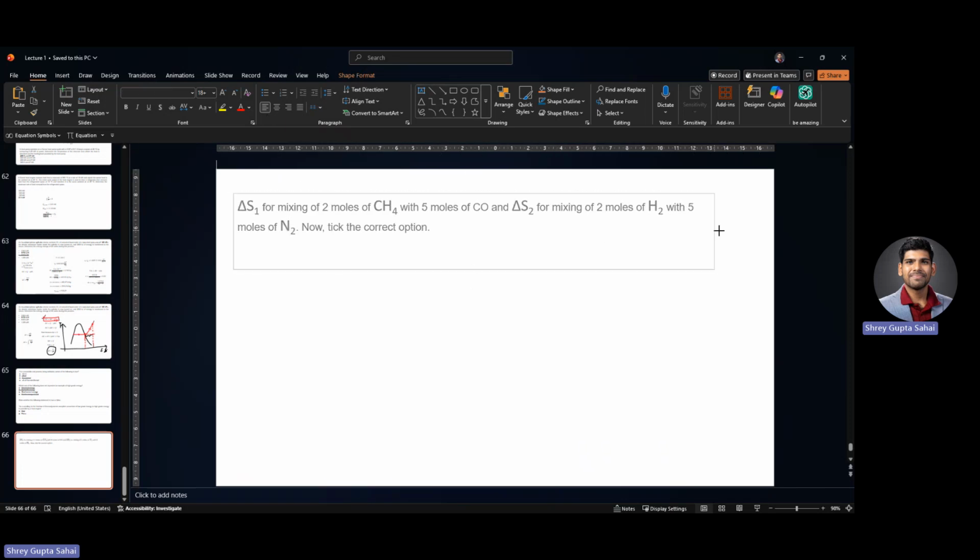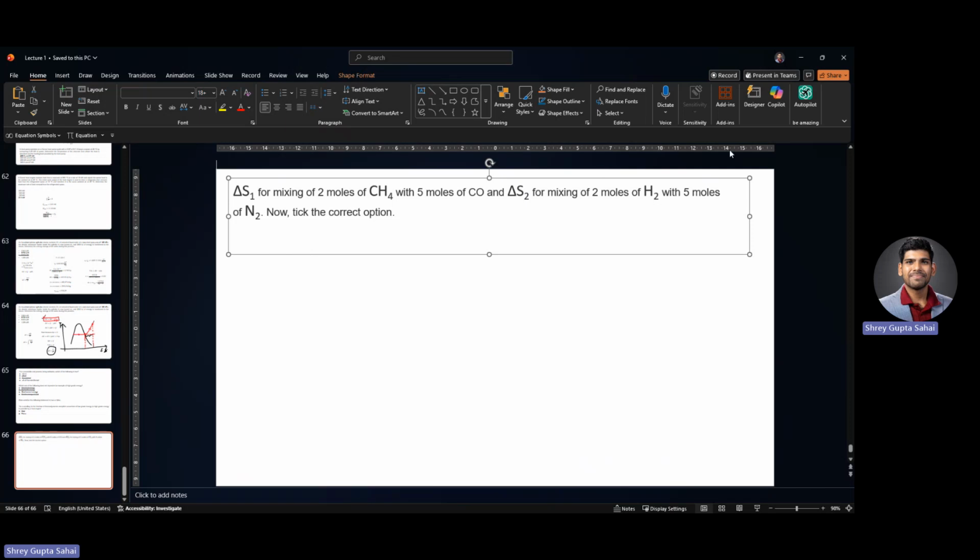Okay, this is the option that we are looking for. So you're mixing 2 moles of methane with 5 moles of carbon monoxide. And then delta S is for 2 moles of hydrogen with 5 moles of nitrogen. Entropy of mixing, change in entropy of mixing. Yeah. So now we need to find this thing.